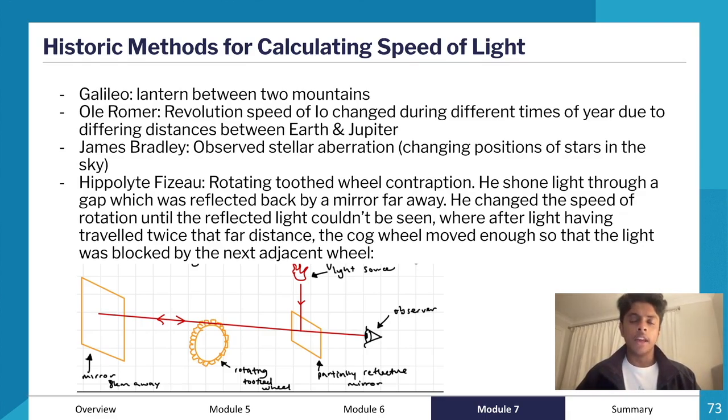And then you have to take into consideration human reaction time. Person B had to see the light turn on from person A and then turn on his own light for person A to record the time. And so the time taken for person B to turn on his lamp would be so much higher than the time taken for light to travel between the two mountains.